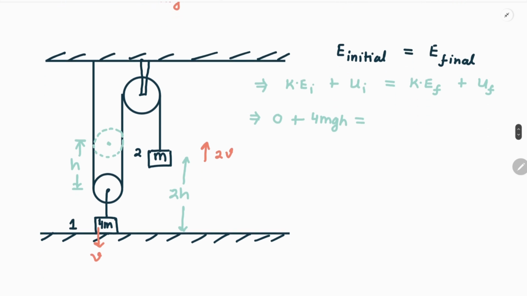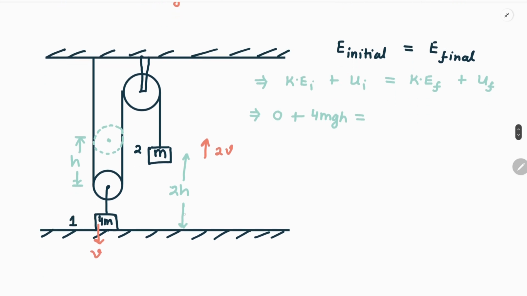Now for writing the kinetic energy final of this system, we have this situation shown where the block of mass 4m is moving with velocity v, and the block of mass m is moving with velocity 2v. Block 1 is in touch with the reference level, which we have considered as the ground level, and the block of mass m is at a height 2h. So this is the energy equation which we can write between the initial case and the final case.